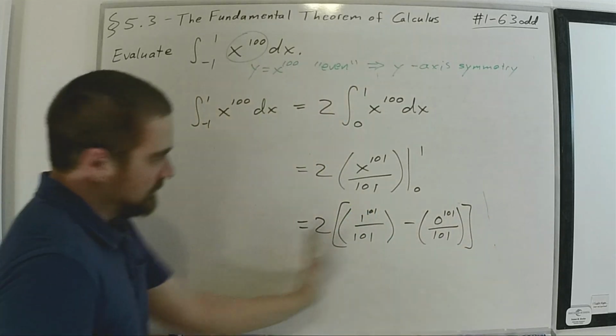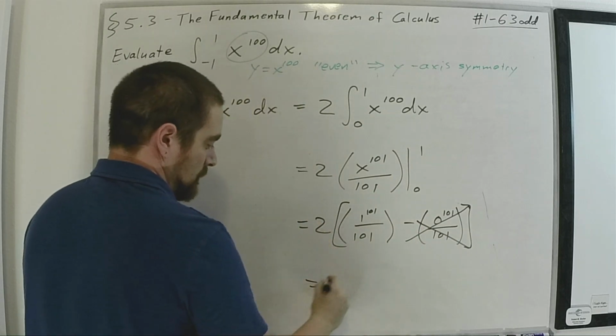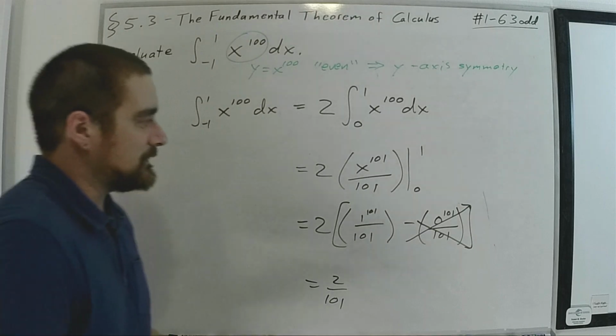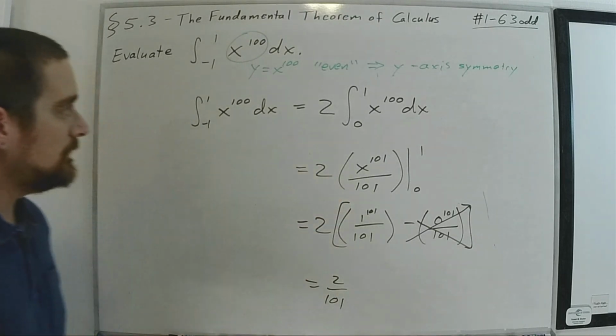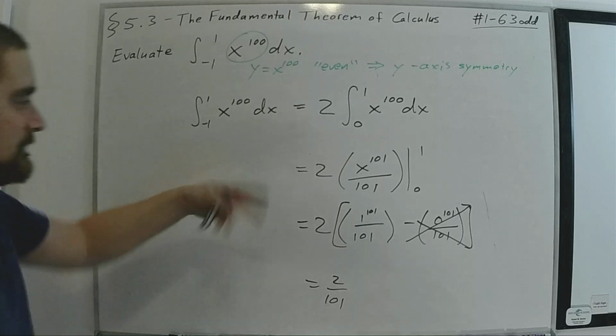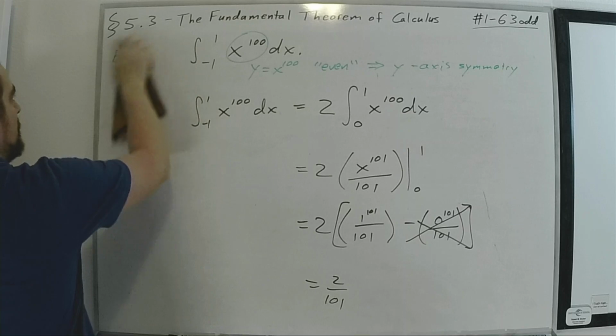Again, I just have to double everything. That's gone. That's just 1 over 101, so that's 2 over 101. So there are some nice tricks that we can use to our advantage to evaluate some integrals more easily. But you can see either way I do it, even if I don't do this trick, I'm fine.